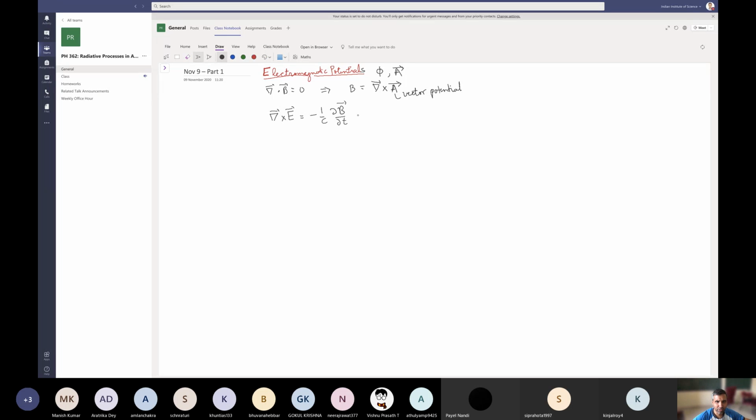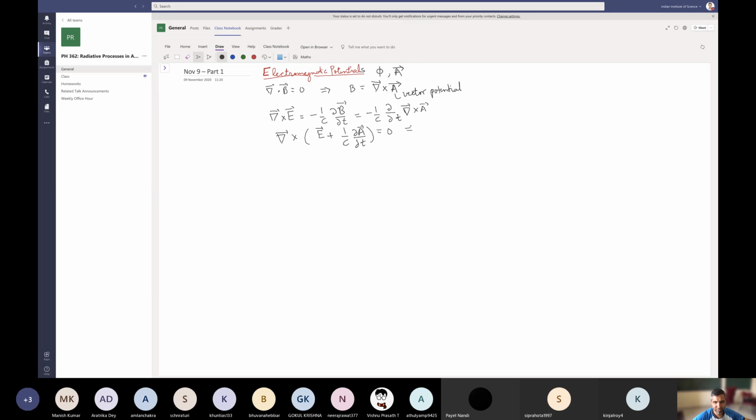The right hand side we can write using the vector potential, so what we can write is del cross (E plus 1 by c dA/dt) equal to 0.